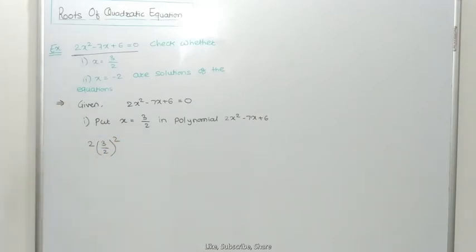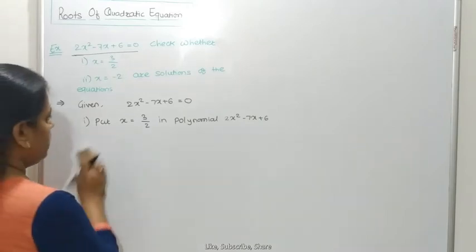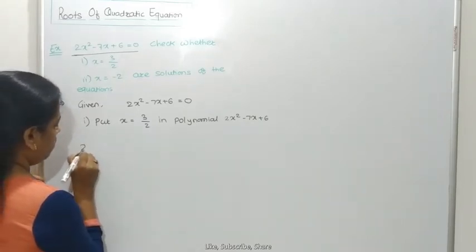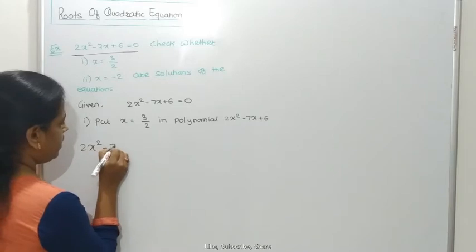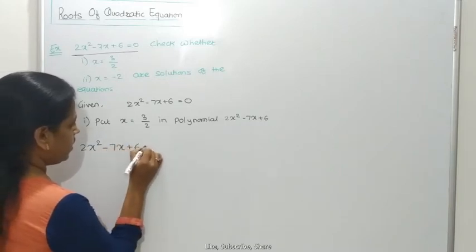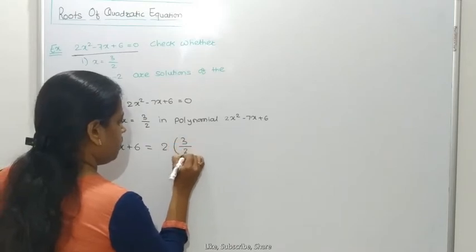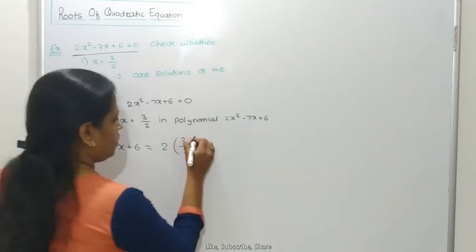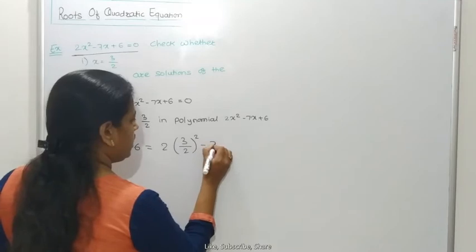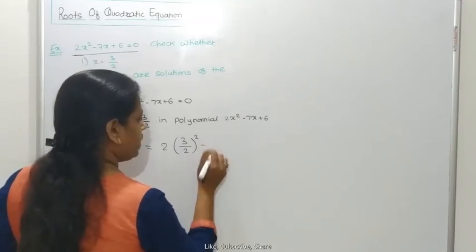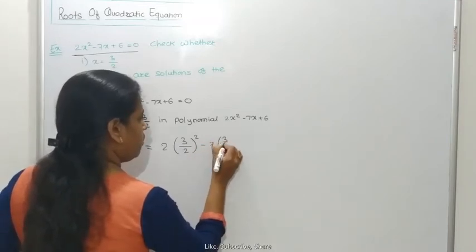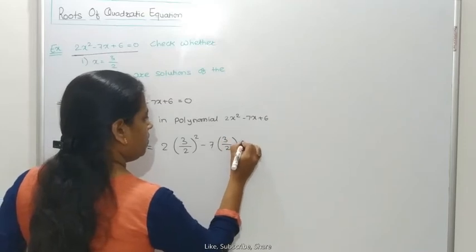First of all, write down the polynomial as it is: 2x square minus 7x plus 6. Then 2 as it is, instead of x put 3 upon 2, and the square of this one. Then minus 7 times the value of x, 3 upon 2. Then plus 6.